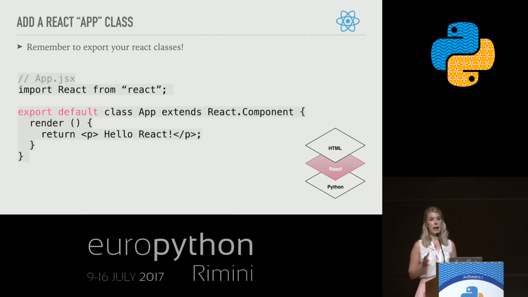We are then going to add the app class, which is something that actually does something. In this case, we are going to just have it display hello React. And we need to export default on this class. So you always need to be able to export your classes to be able to import them somewhere else. And it's good practice to only have one class per file, which means that we can basically just export default.